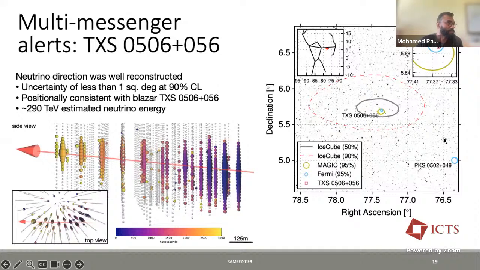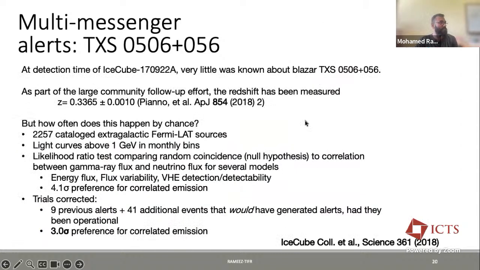Here, the neutrino contour is much larger than the gamma ray contours, but you can see that they all overlap, and where they are in the sky can be determined with respect to this constellation, which I believe is called Orion. It's below the arm of the Hunter, and this 290 TeV neutrino was found to be coincident with it.